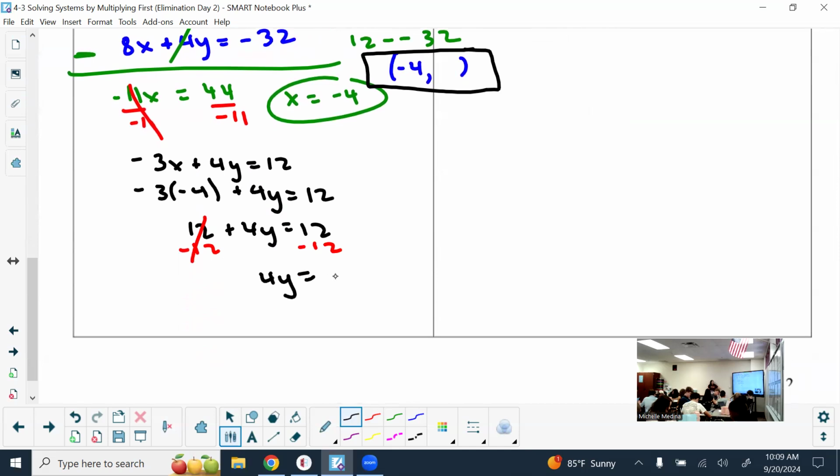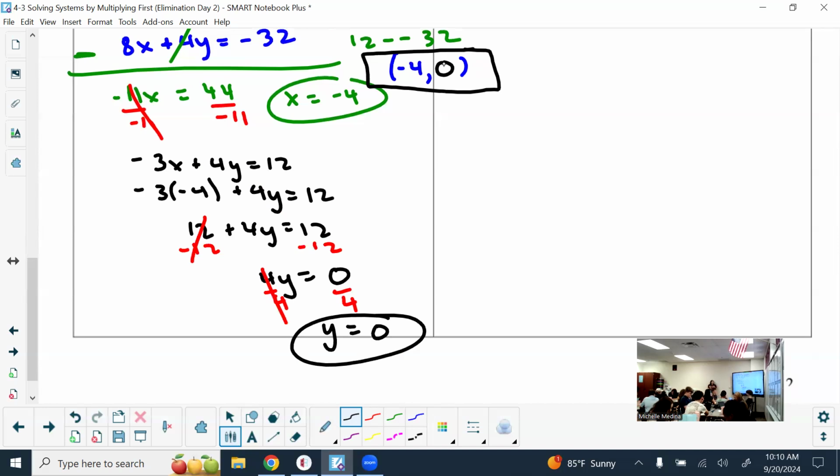Class was 12 minus 12. And opposite of multiplying by 4. And what is 0 divided by 4? 0. So that is 0. Questions?